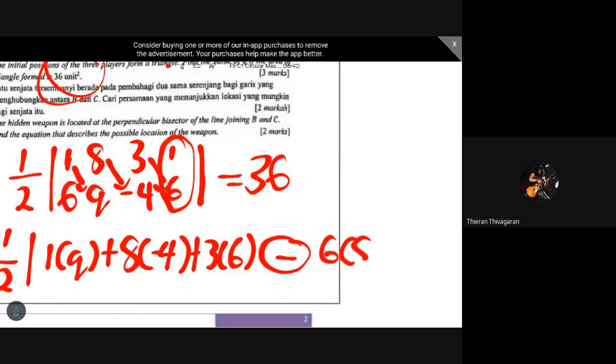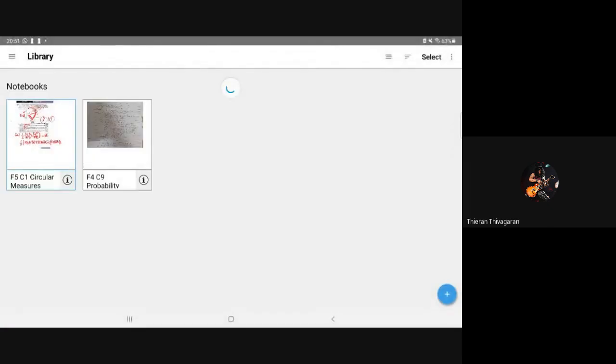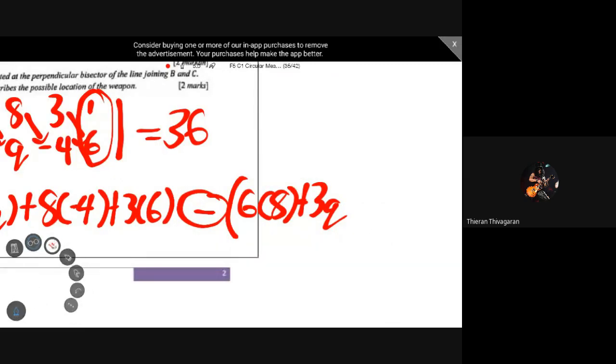Minus 6, 8. Yang ni kena letak dalam kurungan guys. Sebab nanti negatif positif tu akan kacau. Plus 3Q. Ke tengah-tengah masih tambah. And then this one minus 4 times 1. Minus 4 times 1 you still get minus 4. Minus 4 equal 36.